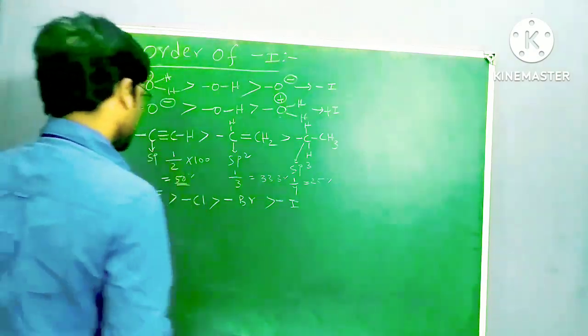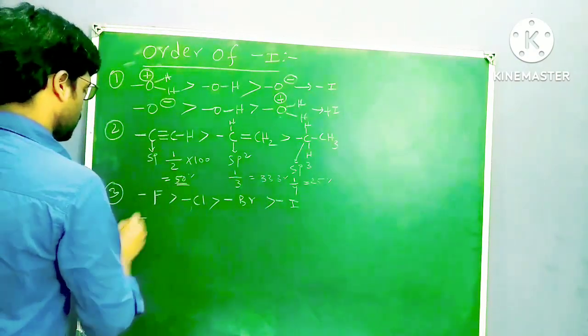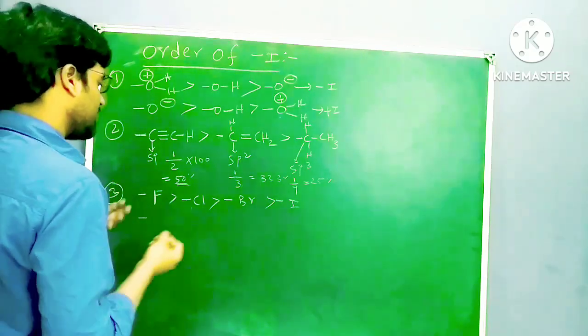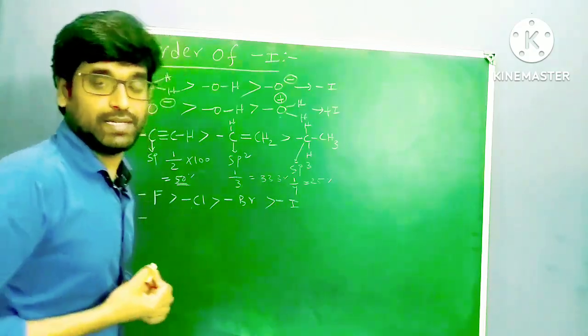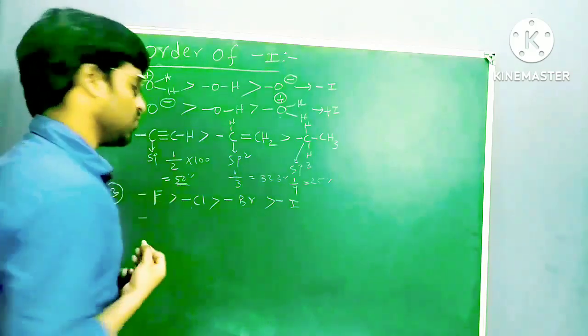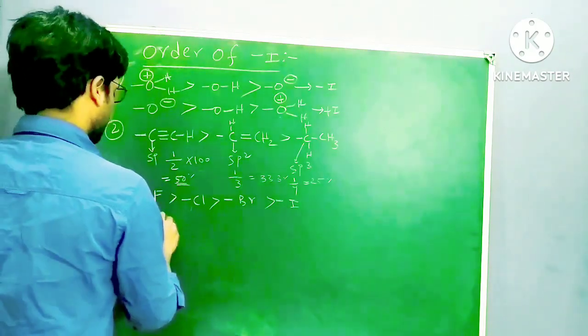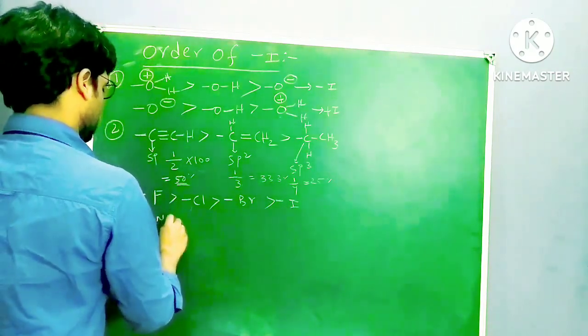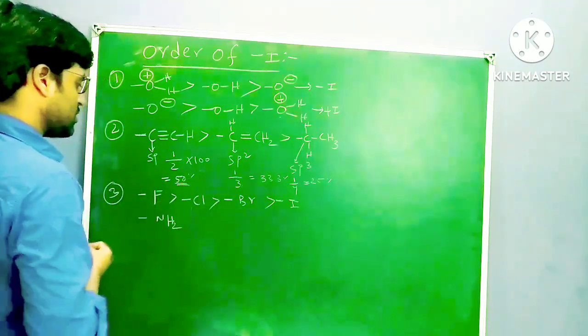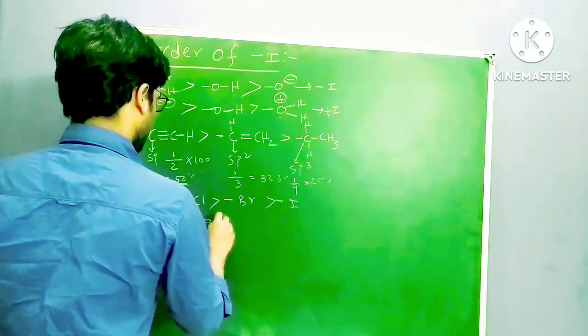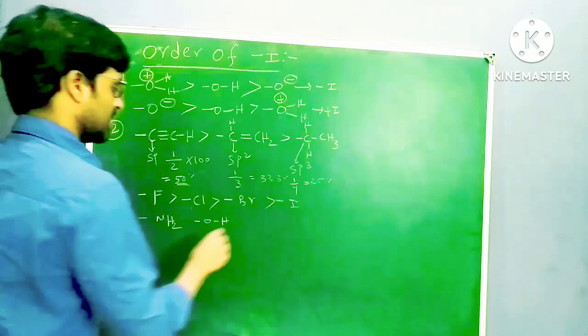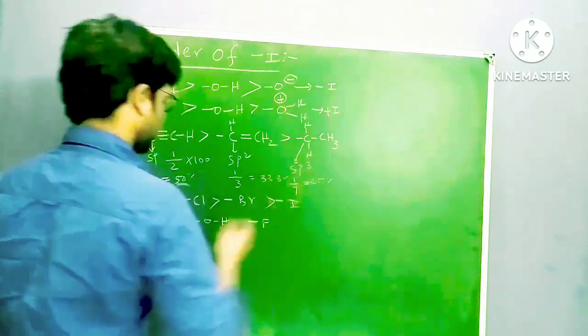Okay. For suppose I am giving this group to you. In a period: nitrogen, oxygen, fluorine. Here NH2, here OH, oxygen, and here fluorine.